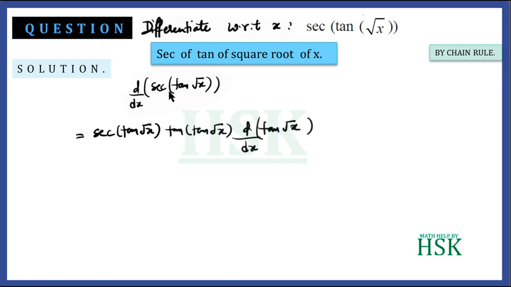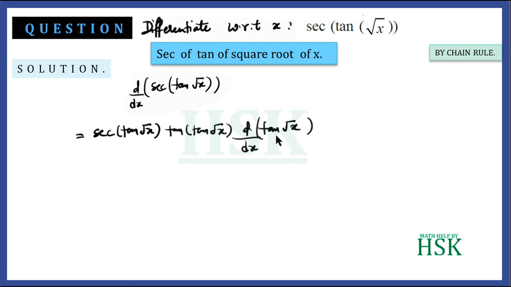So differentiation of sec of tan of root x in chain rule would be done by applying the formula of sec and writing instead of x the terms which are with sec, and multiplying the differentiation of sec with d by dx of the terms inside the bracket or with the sec.